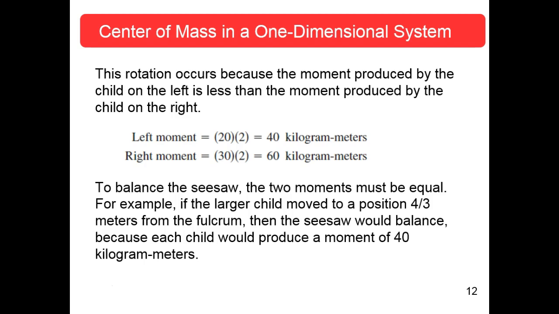So just moving that one in would make it work, because each child would then produce a moment of 40 kilogram meters. Or, as you said, the other one could move in the opposite direction until you get them to balance. Or do some of both.